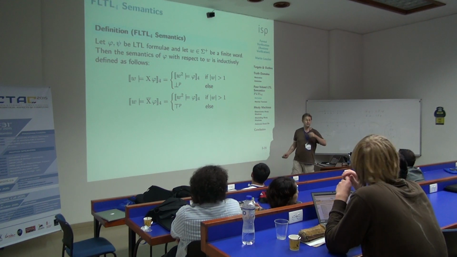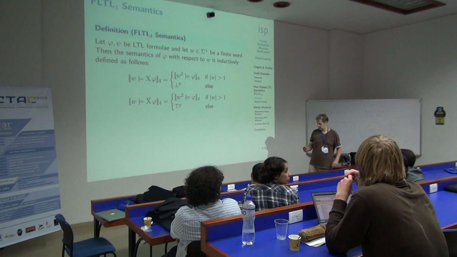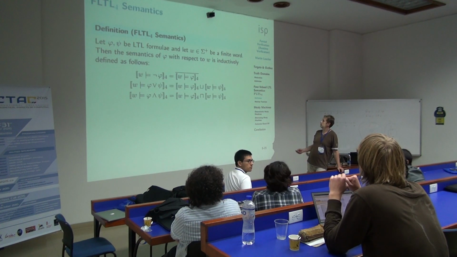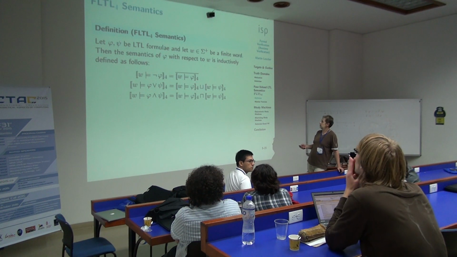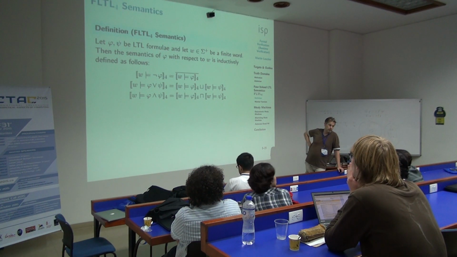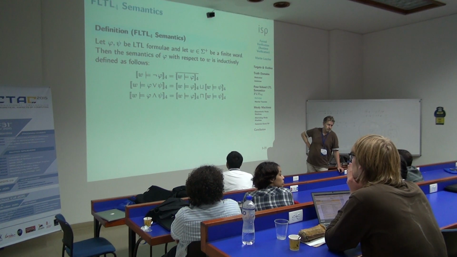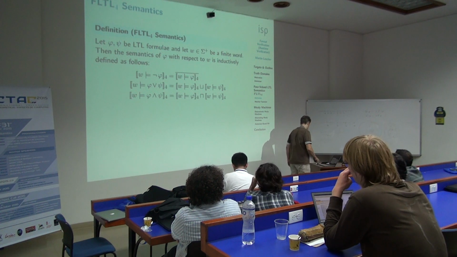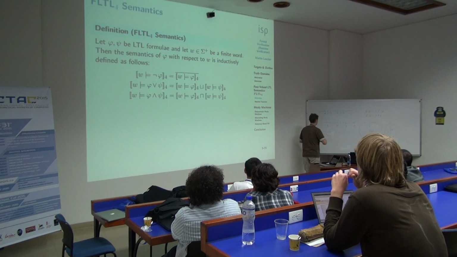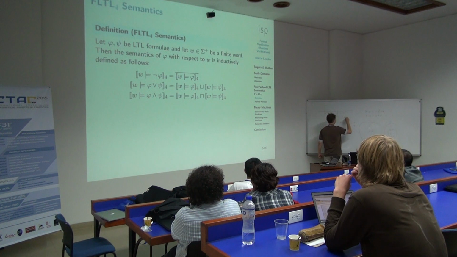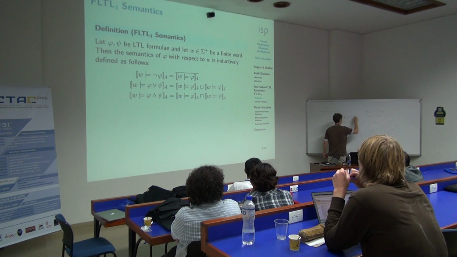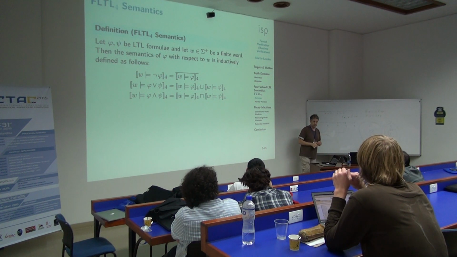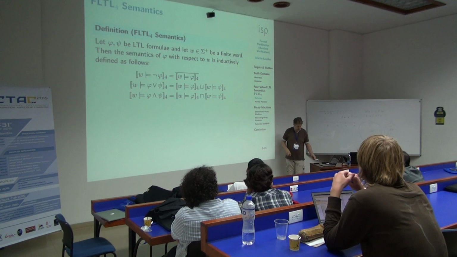Yes? The question is about the previous slide. Yes. So for the second case of disjunction, suppose that I take the formula globally A or eventually A. And now this value is true, right?